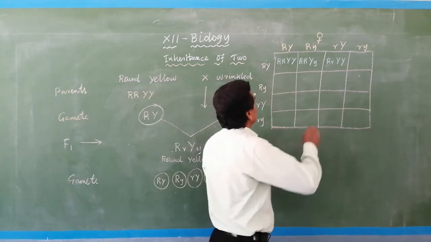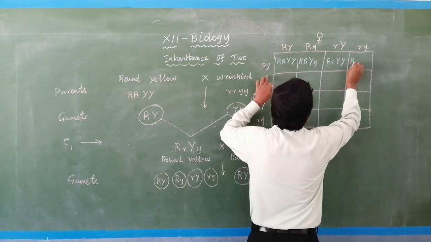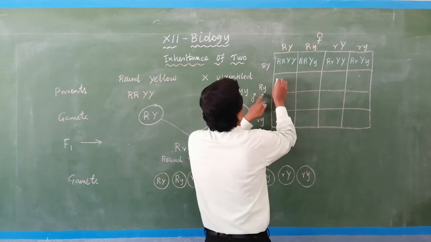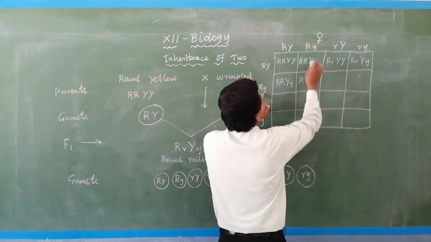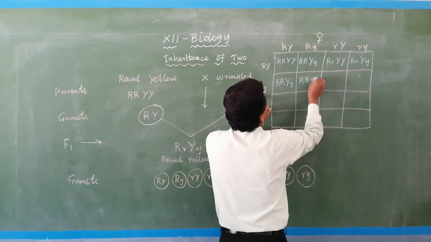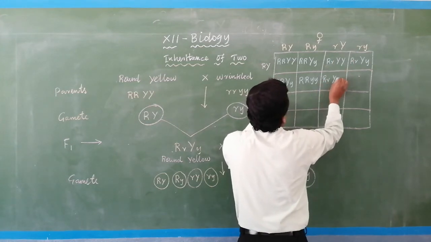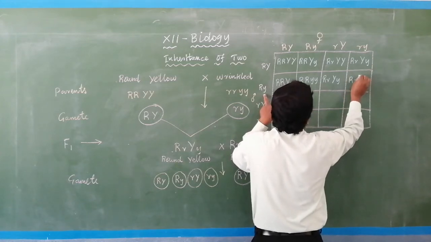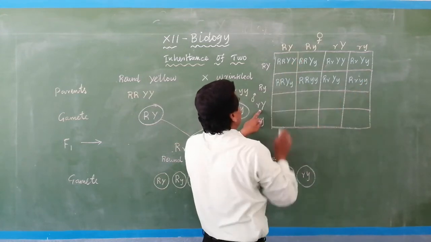Okay. Then here capital R, small r, capital Y, small y. Then capital R, capital Y, small y. Here one male and one female gamete fuse, and the F2 generation is produced.